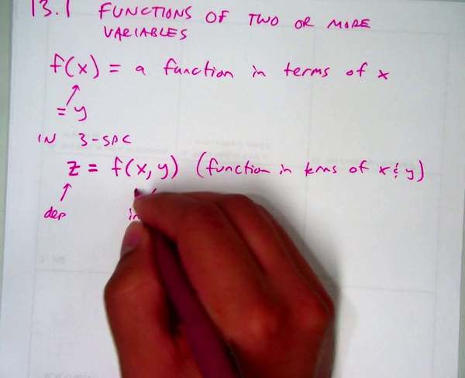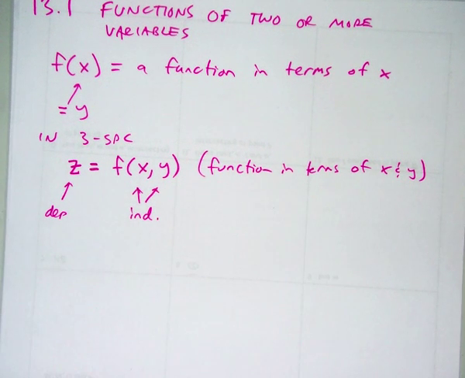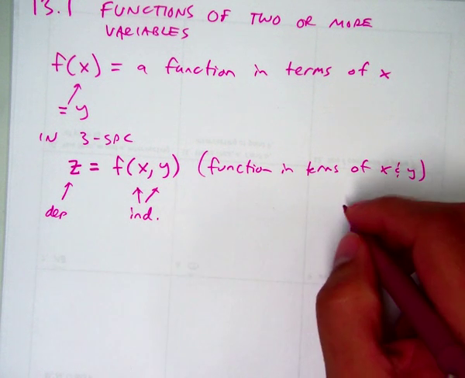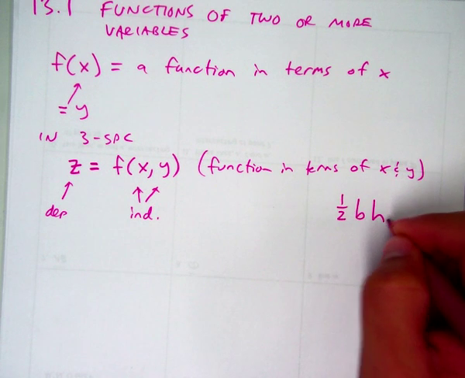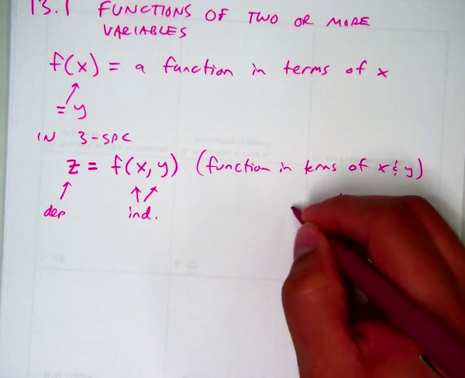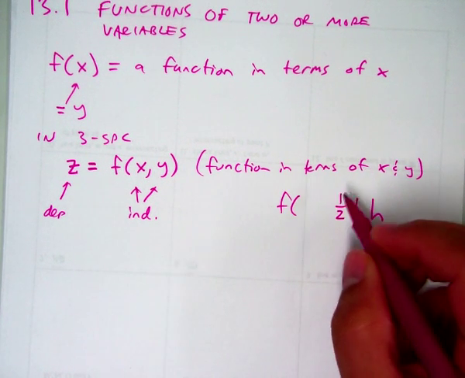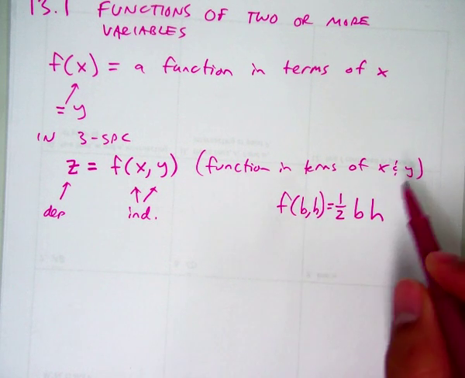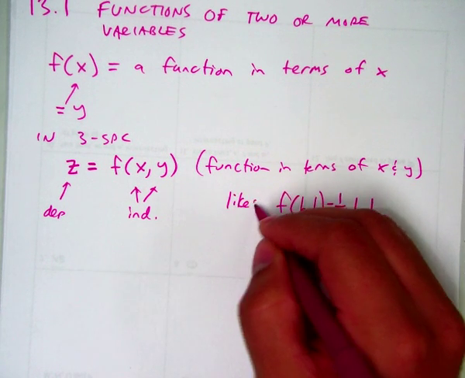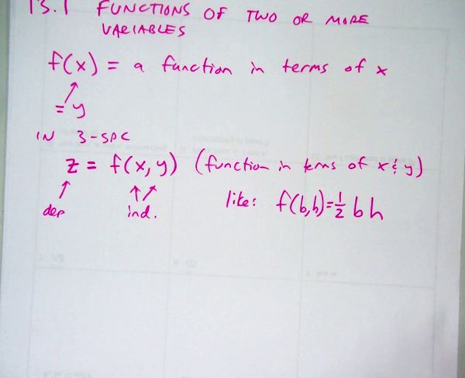Now you've already dealt with some multivariable functions. You just didn't really think of it that way. One example would be like the area of a triangle, half times base times height. This could be called a function of what? B and H. Okay, so you've already seen these before.